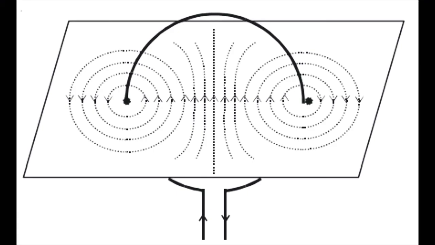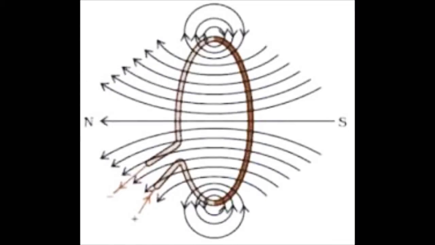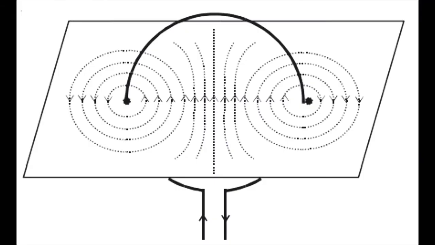If we move away from the wire towards the center of the loop, these field lines become bigger circles, and the arc of this bigger circle appears as a straight line at the center of the loop.